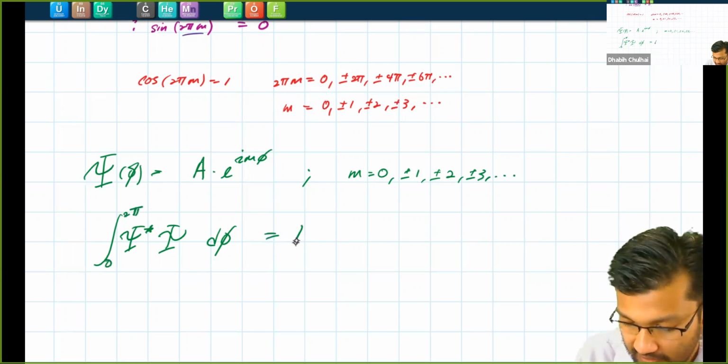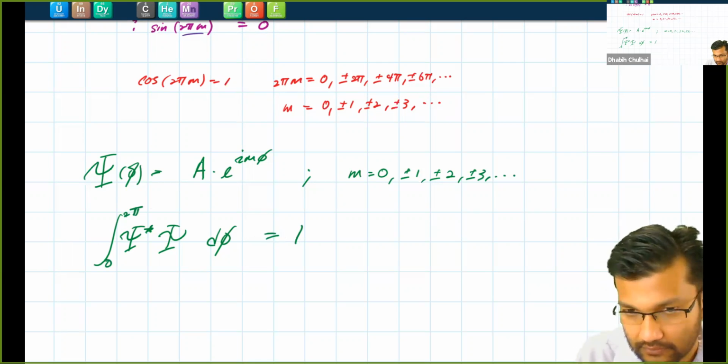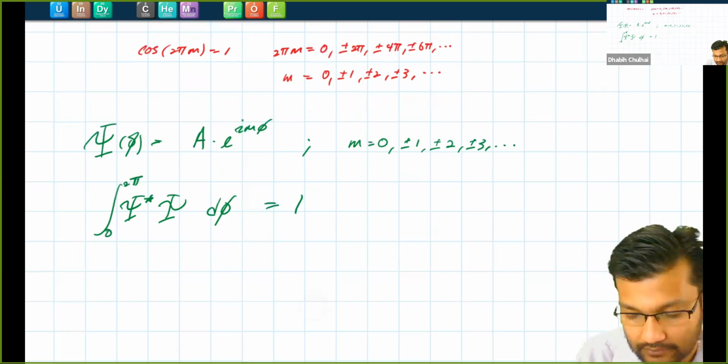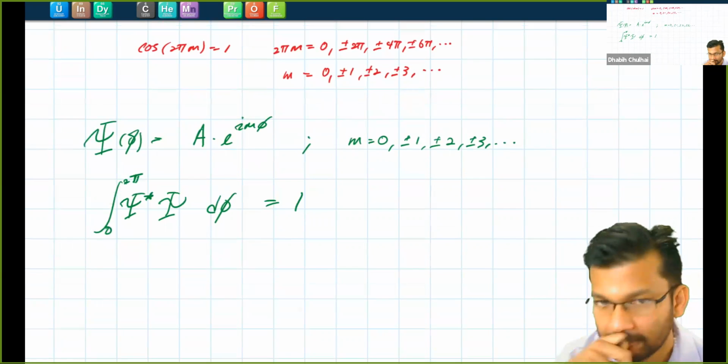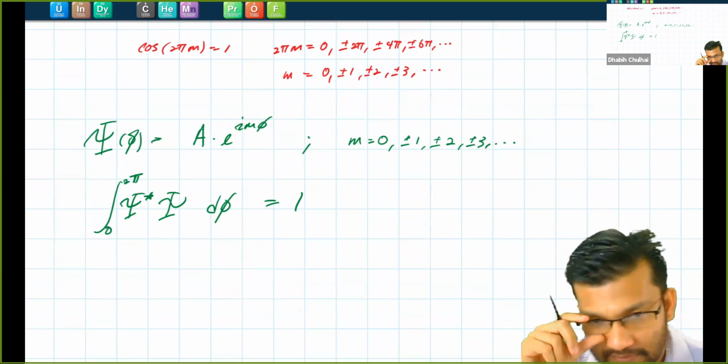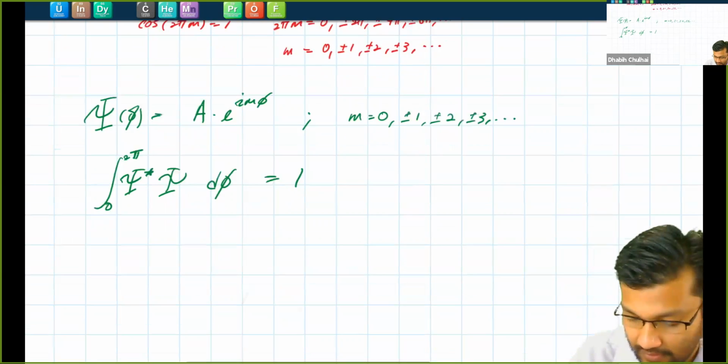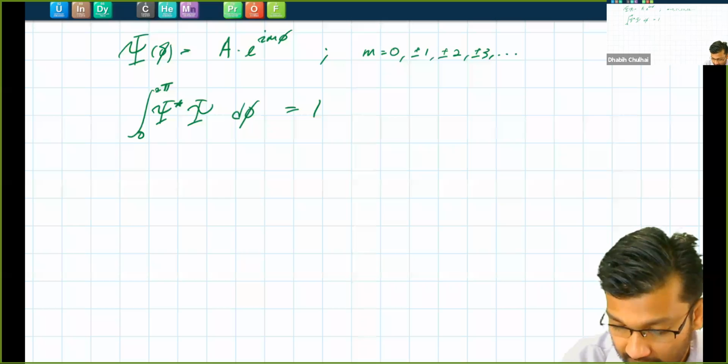So this integral should be 1. Everybody still with me? All right, so let's find this integral going from 0 to 2 pi.